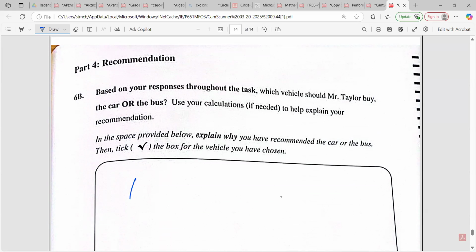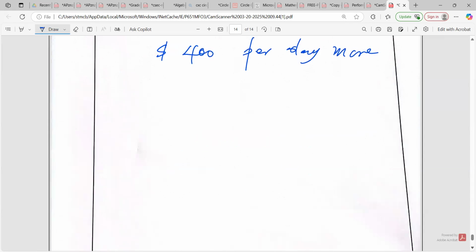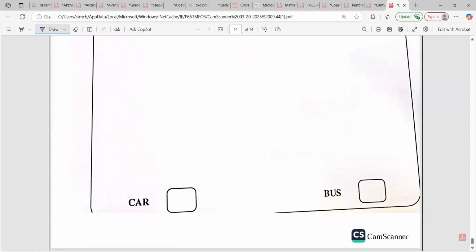I recommend that you get the bus because it earns... What's the difference? $400 per day. So that would have been the correct solution. I think somewhere down there's a tick. Yeah, I choose the bus. The bus is better, the bus earns more.